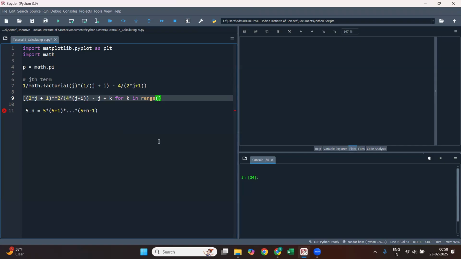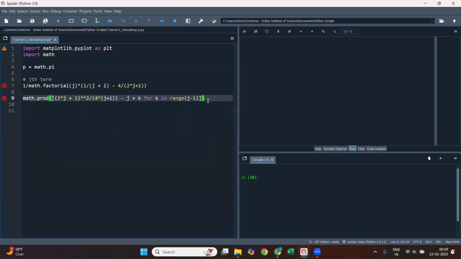So we wanted to go till j minus 2. So we'll write j minus 1 here in the range, because the last term is going to be j minus 2. So this is the entire list of these terms. And then we can just get the product of the entire list using math.prod.